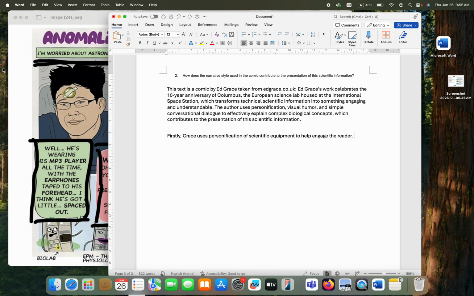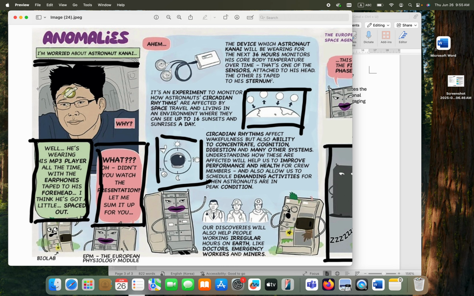So we can start by saying how Biolab is saying, I'm worried about astronaut Kanai, which brings the scientific module to life, right? Because it's just a scientific module, this dude, adding emotion and personality. And then this dude, the EPM machine, jumps in by saying what, right? And which is being sarcastic, mimicking a dramatic, frustrated colleague.